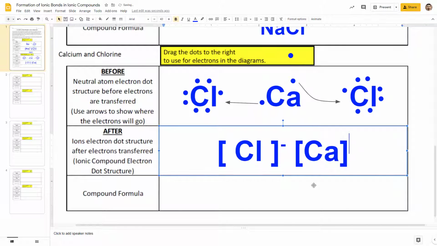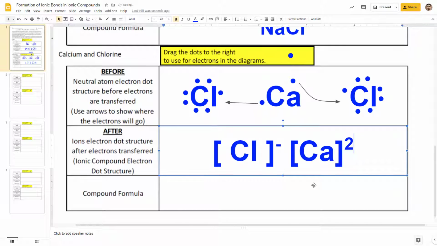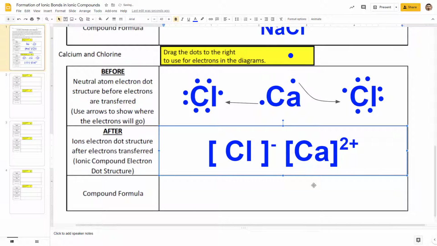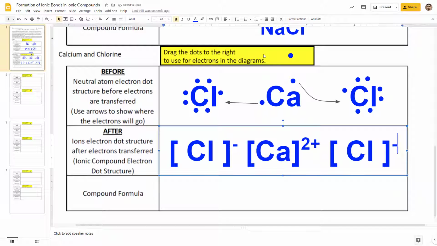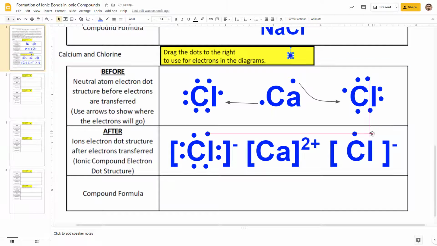So I know it's going to have a 2 plus charge. And then we're going to have another chlorine. If you need to change the font to fit the ions in, then that's a good idea to do that. Let's put more dots around here. These are all stable now with an octet.